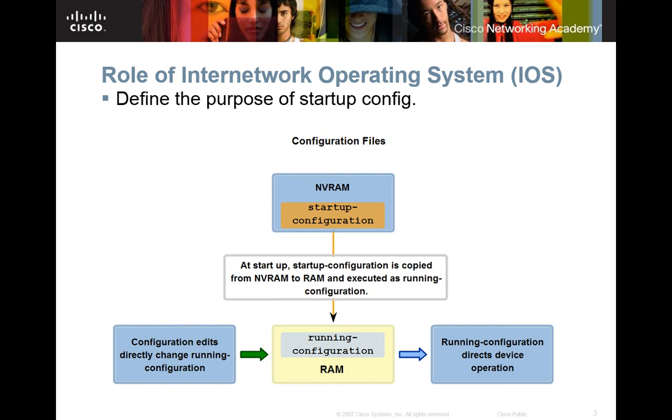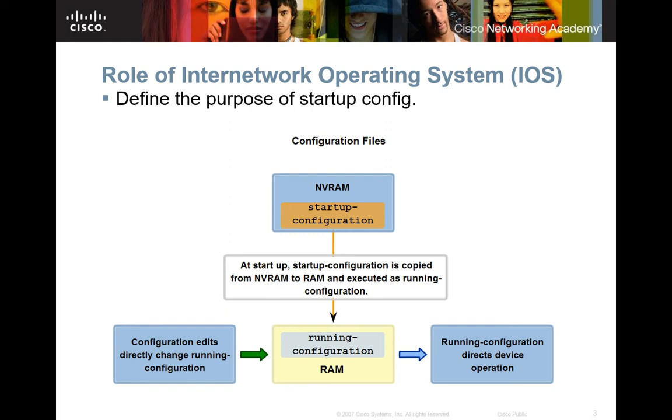We have what we call NVRAM, non-volatile RAM, which also would be what? ROM. We have what we call a default startup configuration. So when the router or switch, whatever the device is, boots up, it loads this from memory.